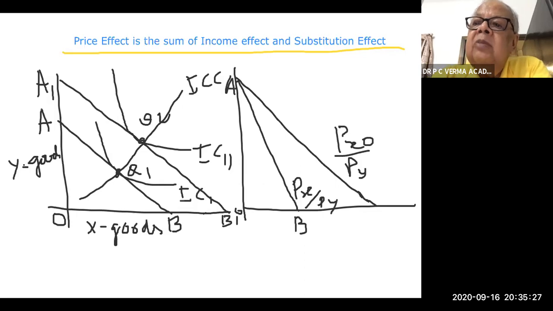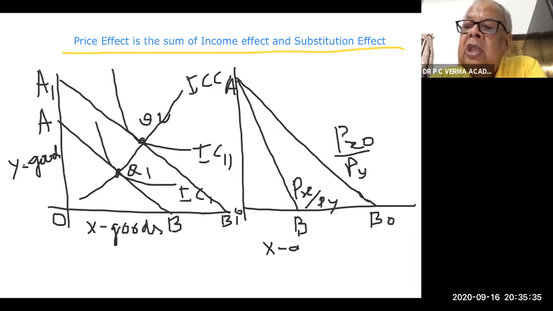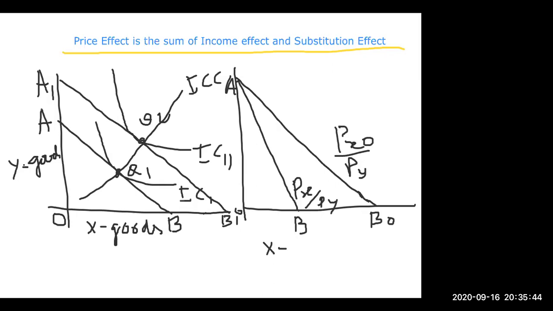Price line AB changes to AB0, which means X good becomes cheaper.